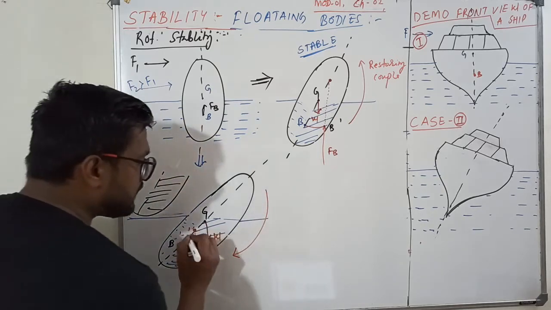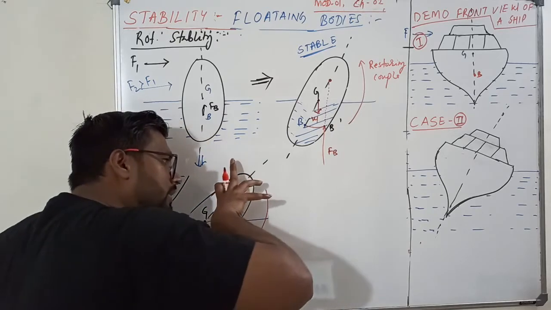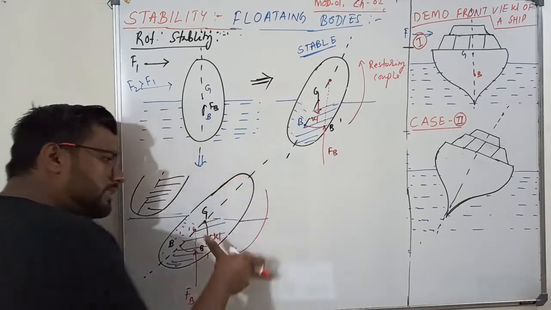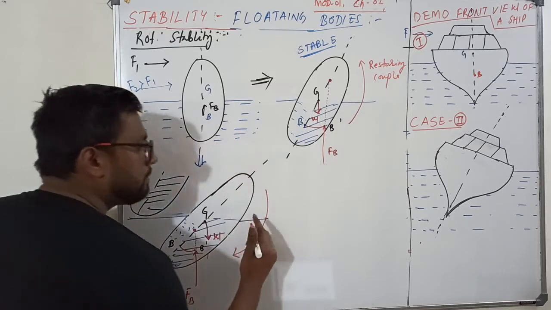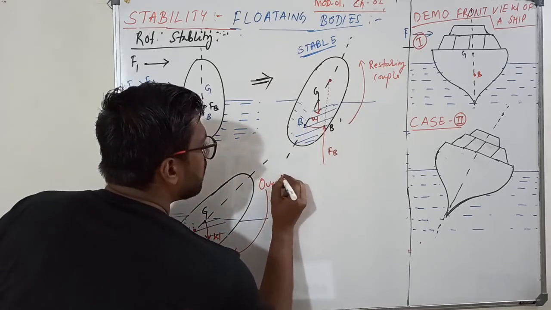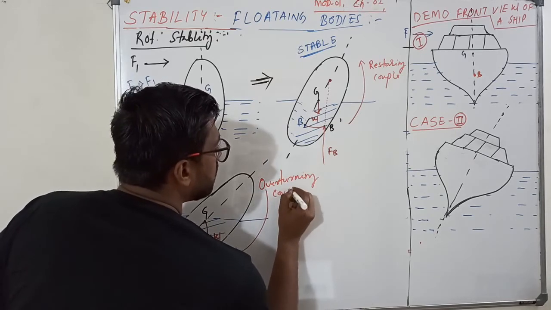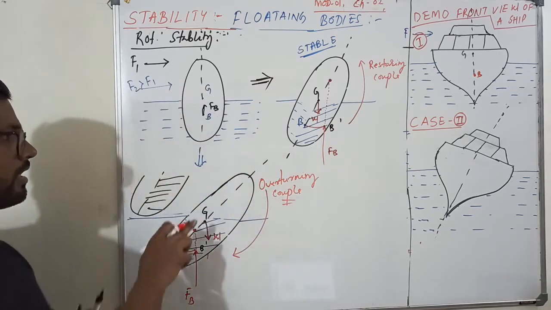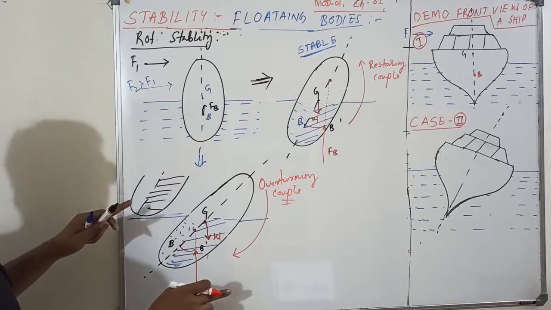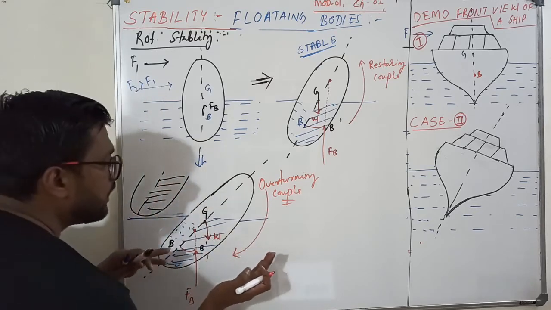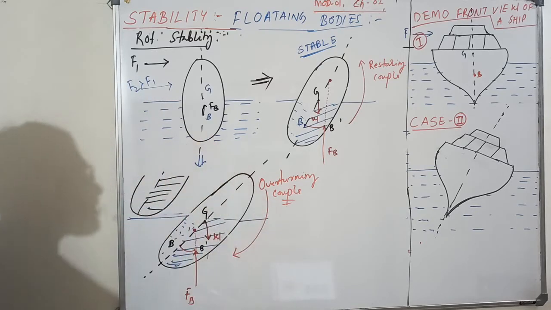That means this particular couple will try to sink the ship, that is, turn it completely. So which kind of couple did you get? You got an overturning couple. Because of the overturning couple, after giving some angular displacement, this cannot come back to its original position.